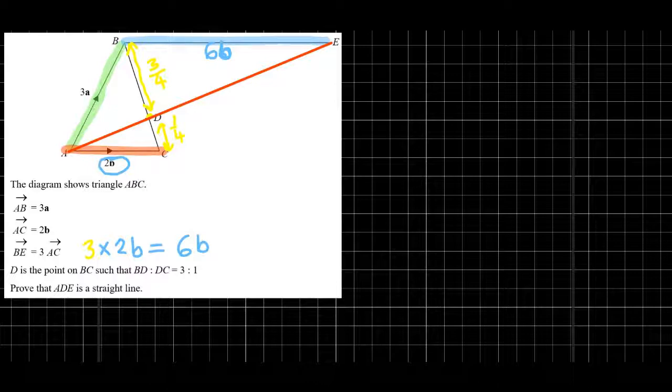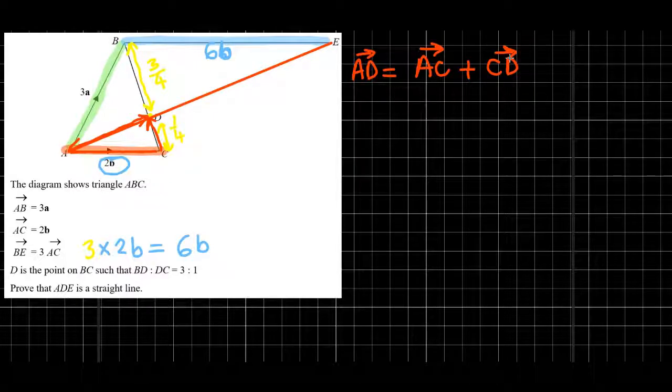is a vector question, and we're going to start with, well, what is this line A to D? So A to D is going to be A to C plus C to D. A to C is 2b plus C to D, which we don't know.